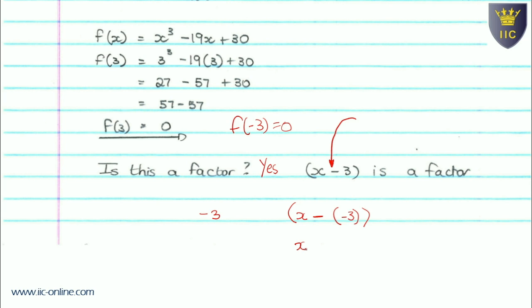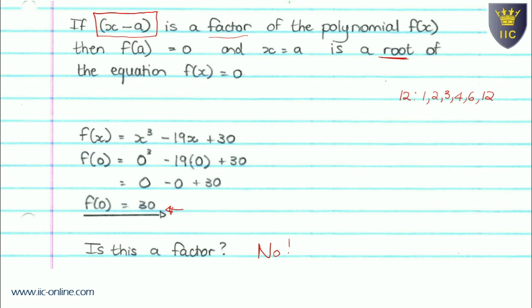And that would give us x plus 3 is a factor, because a minus times a minus is a plus. So we are basically always going to use a minus sign in this theorem. The theorem is if x minus a is a factor. It's not giving you a choice. I hope that makes sense.